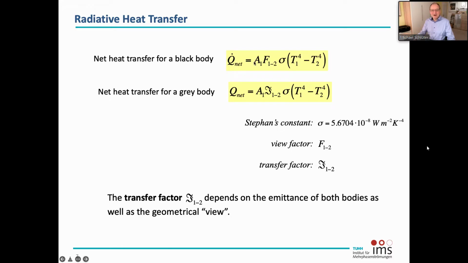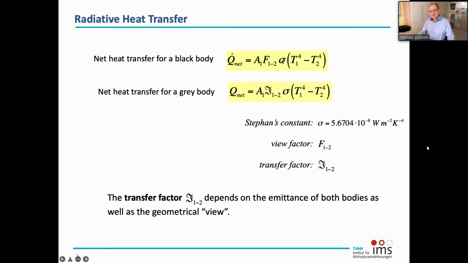And this is the area, of course, multiplied by the view factor, multiplied by the Stefan's constant here, which is 5.6704 multiplied by 10 to the power of -8 watt per square meter and Kelvin to the power of -4, and we have the power of -4 because in the Stefan-Boltzmann law, we have the temperature to the power of 4 in the multiplication.